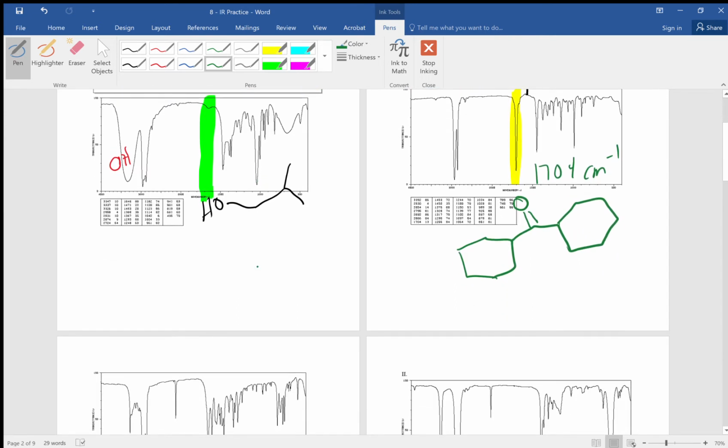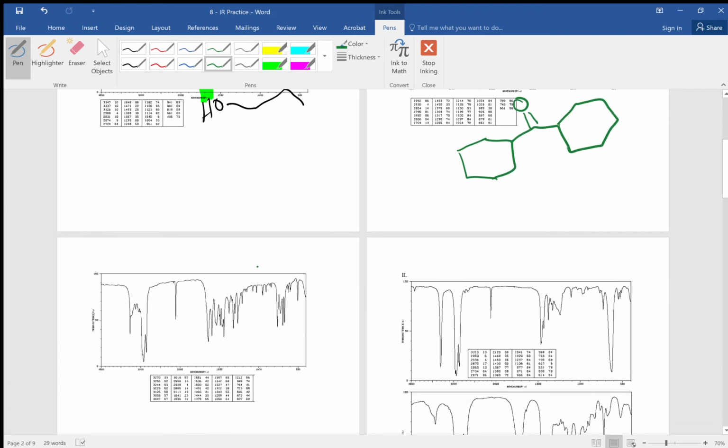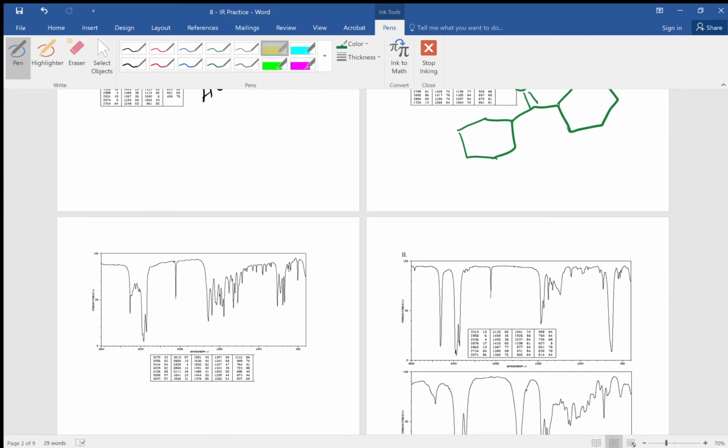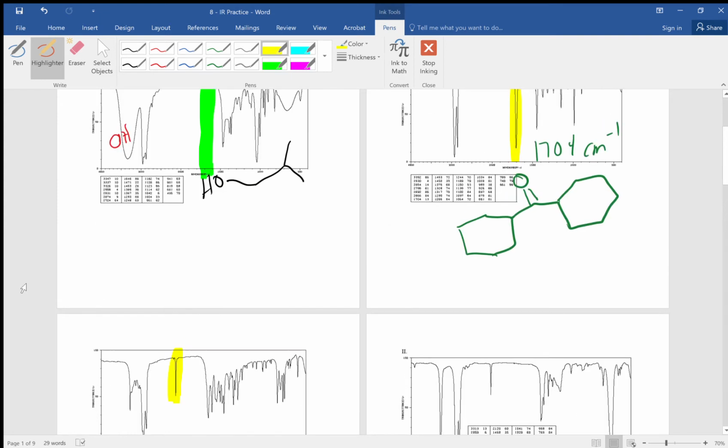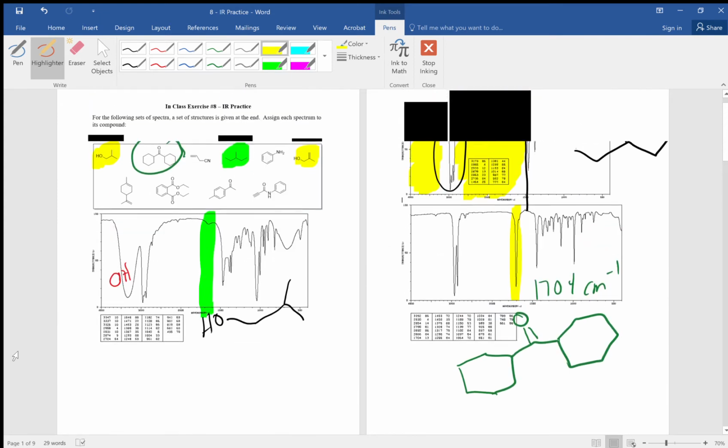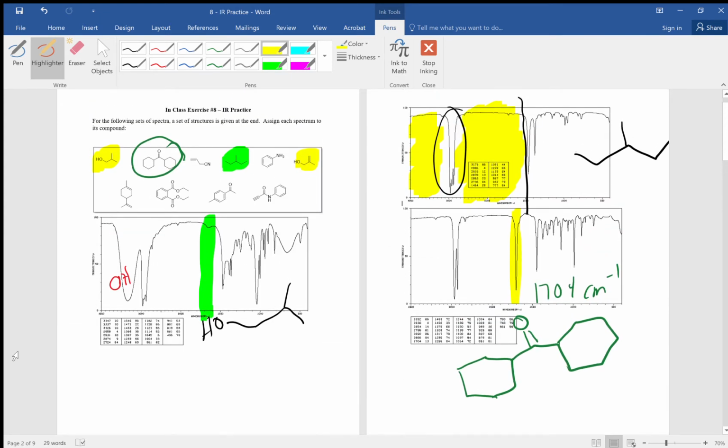And finally, our fourth one on this problem, the only peak of real significance is this one right here. And that peak comes in right around 2100. Now it's of medium intensity, and we know the things that show up around 2100 are alkynes and nitriles.